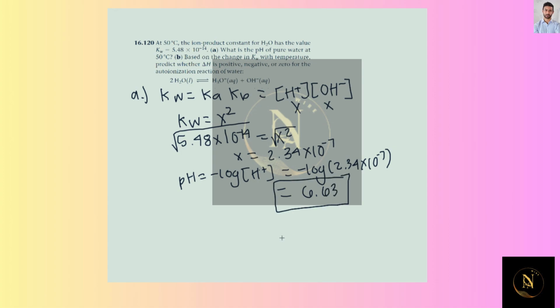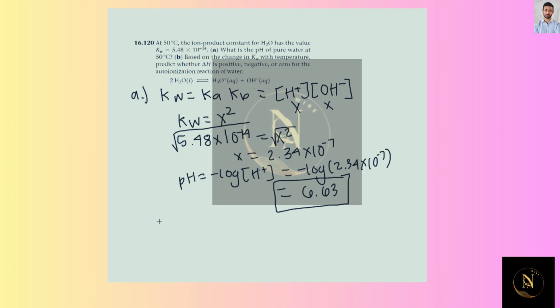Now, since we have the pH, we can answer the next question. It says we are trying to predict whether the delta H is going to be positive, negative, or zero. To be able to answer this question, we have to put our equilibrium constant in relation to the temperature, and to do this, we're going to use the van 't Hoff equation.